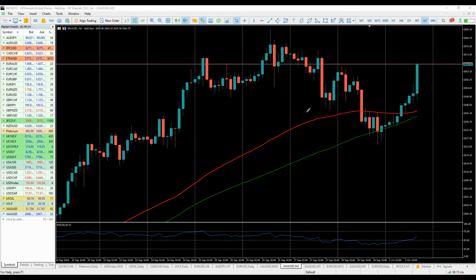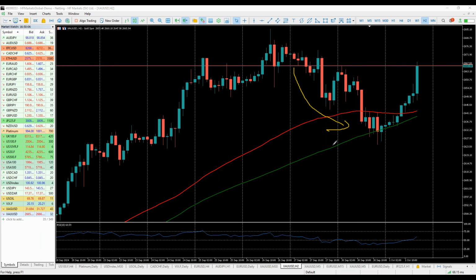Large institutions want to do the exact same thing. So what they do is they try and push the price slightly lower. They'll hold back people that have been buying in these areas here, so they start to slowly close positions.